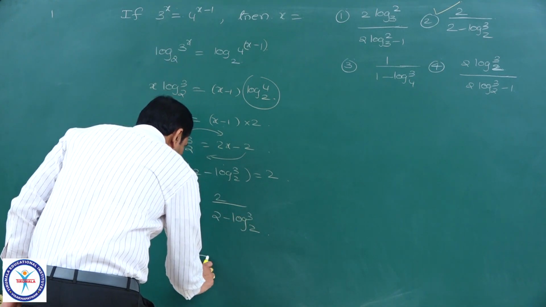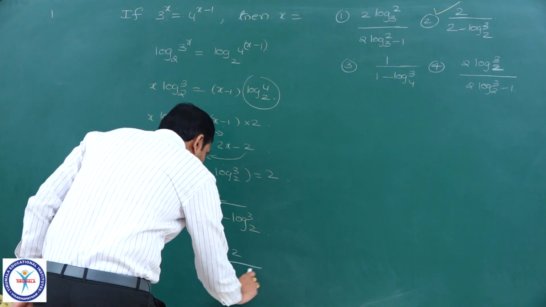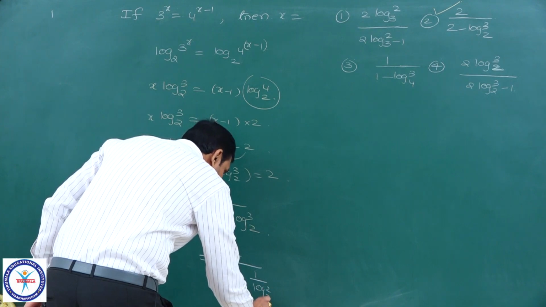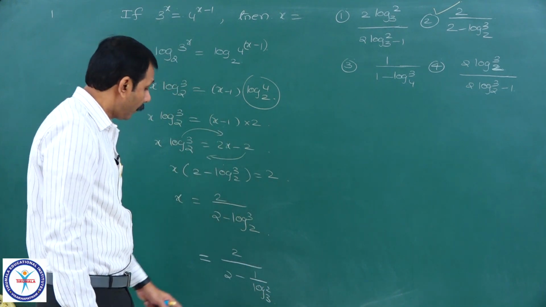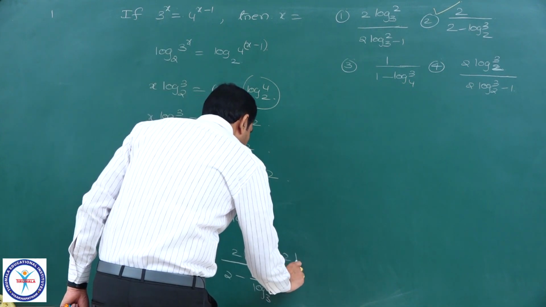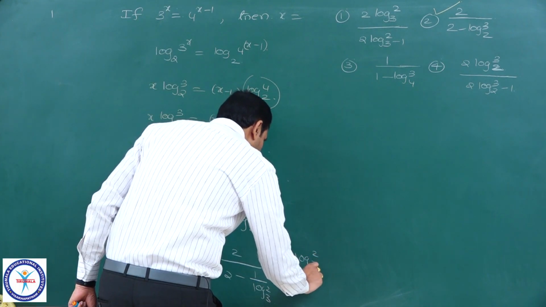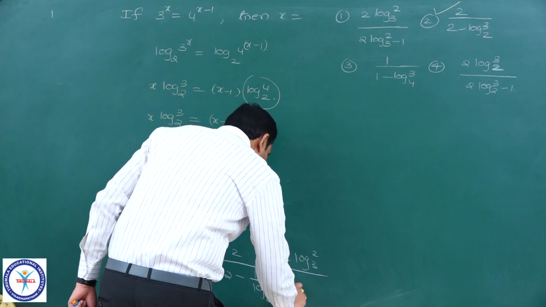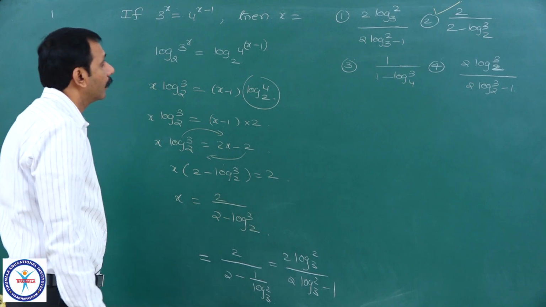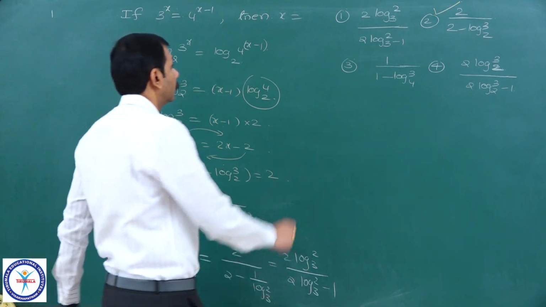Therefore, this can also be written as 2 by 2 minus 1 by log 2 to the base 3. Taking the LCM, log 2 to the base 3, this comes to the numerator. It is equal to 2 log 2 to the base 3 by 2 log 2 to the base 3 minus 1. Yes, it is the first answer. It is there.